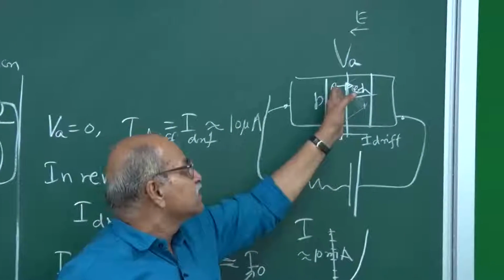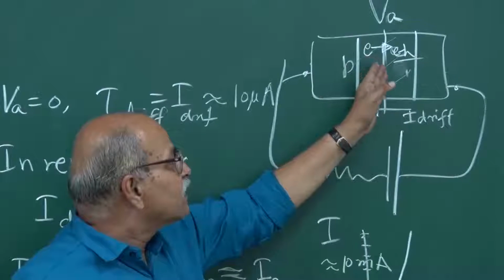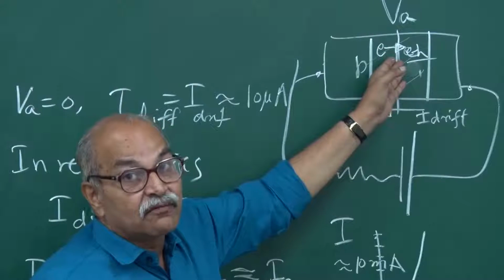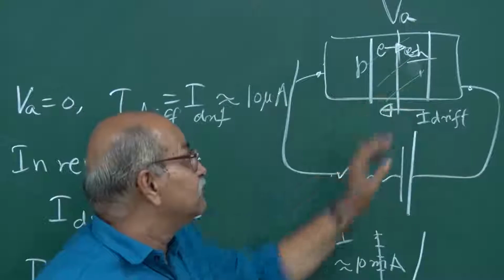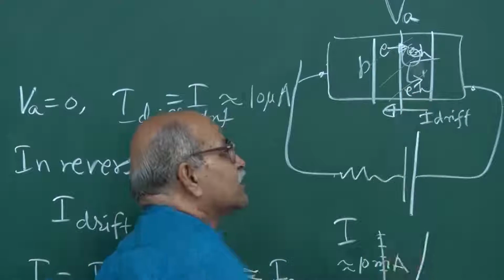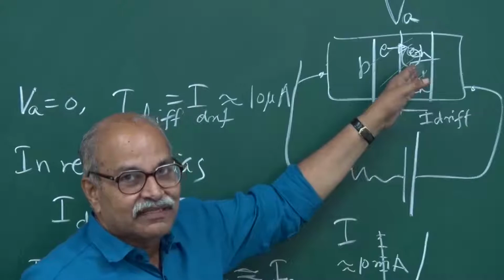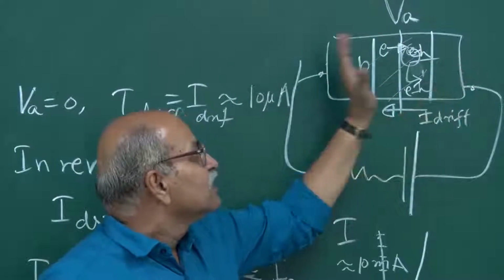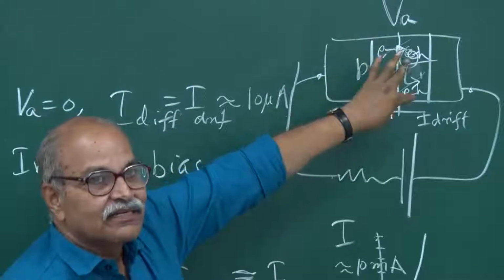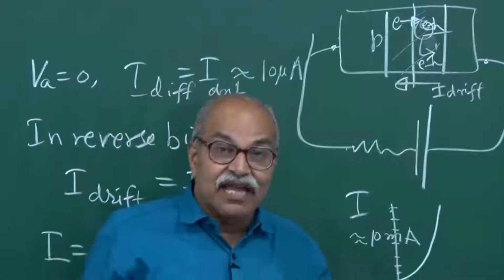So, the electron which is drifting in this direction, these charge carriers can create new electron-hole pairs, and when this electron is accelerated, it can produce yet another electron-hole pair here, and this can produce another electron-hole pair here. And of course, the electrons are all accelerated towards the right in this figure, and holes are all accelerated towards the left in this figure. So, if that happens, it is called avalanche.